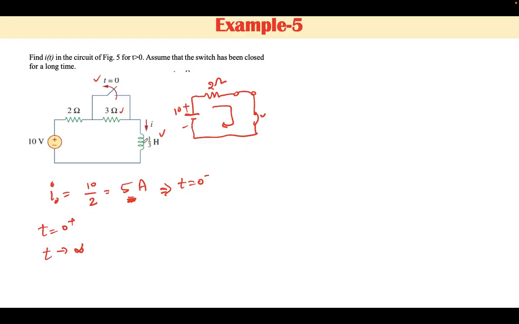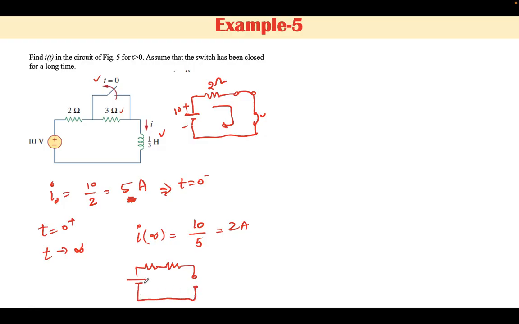If t tends to infinity, the inductor behaves like a short circuit. Then we can say I infinity of this circuit is equal to 10 divided by 5, which is 2 ampere. Why is it 2 ampere? At t tends to infinity, the network will be just like that.